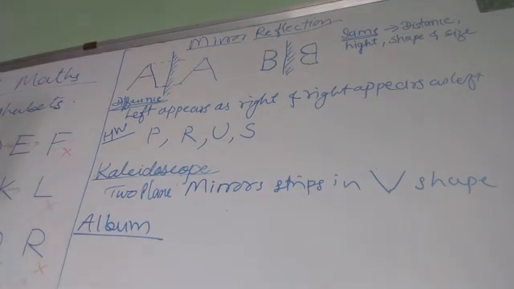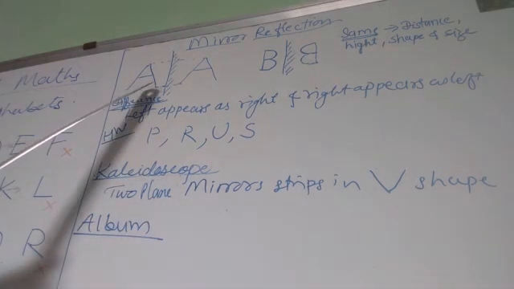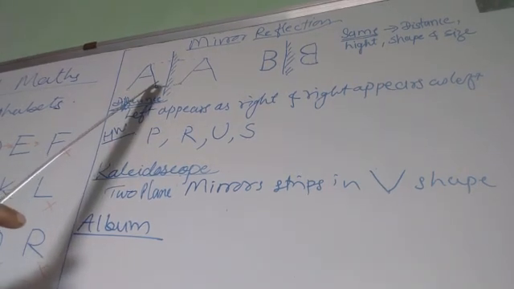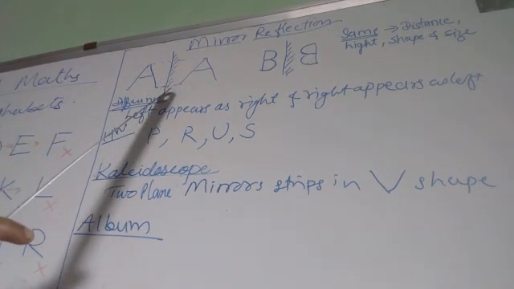Mirror reflection and the line symmetry, they are related and linked to each other. The symmetry with respect to the reflection is called reflection symmetry. Now here to show the mirror reflection, I have taken letter A and letter A is kept in front of the mirror.